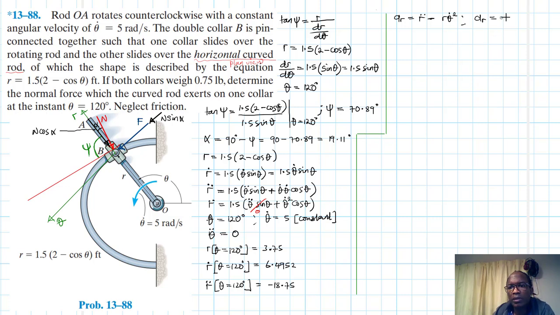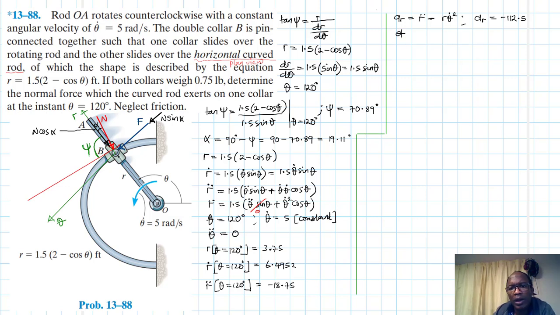So this we get a minus 112.5. Okay, minus 18.75 minus, that's r, 3.75 times 5 squared.